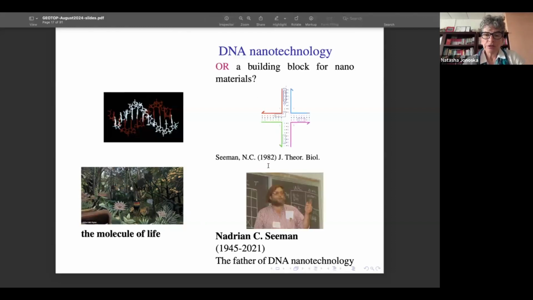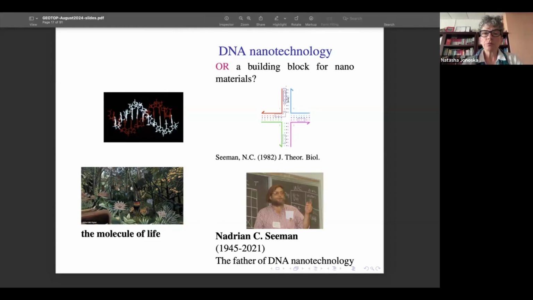But in 1982, Nadrian Seeman, who now is considered the father of DNA nanotechnology, proposed a Holliday junction where he, in some sense, destroyed the symmetry in the nucleotides. Holliday junctions happen during recombination in natural biology often.